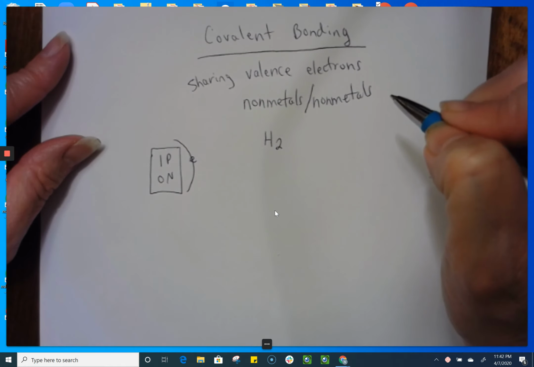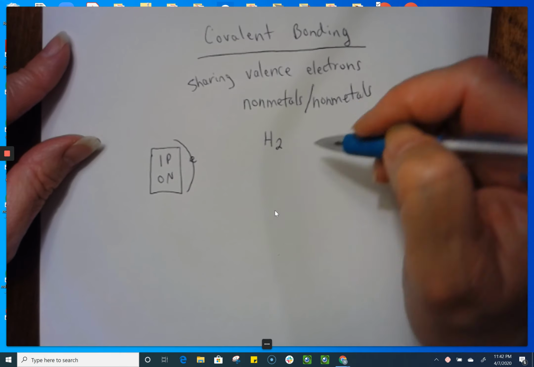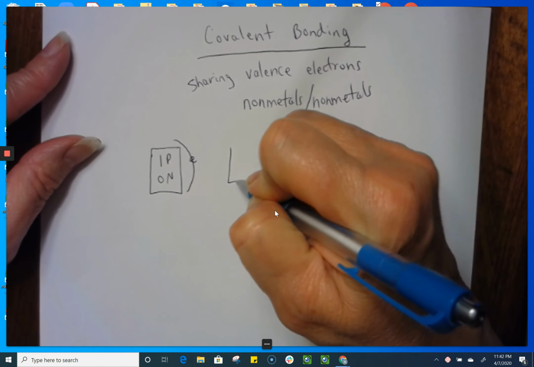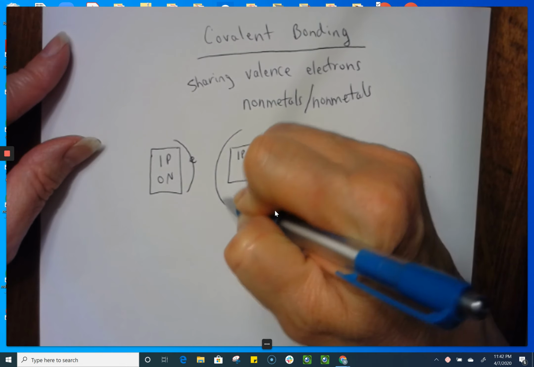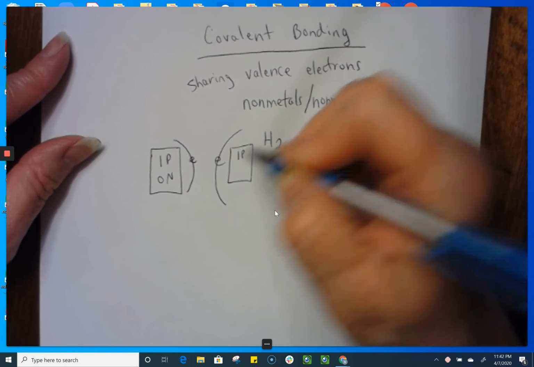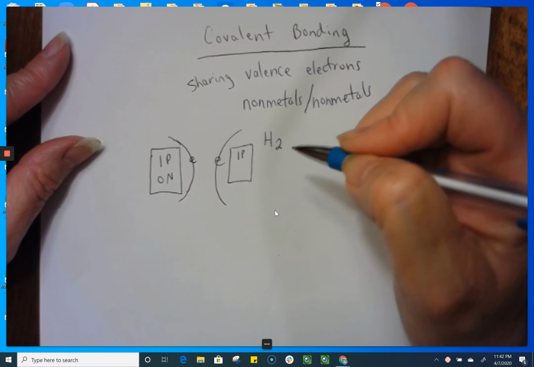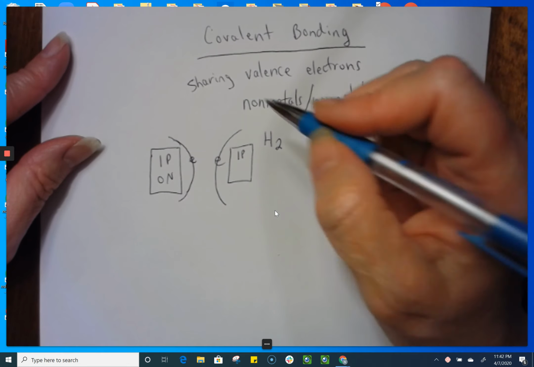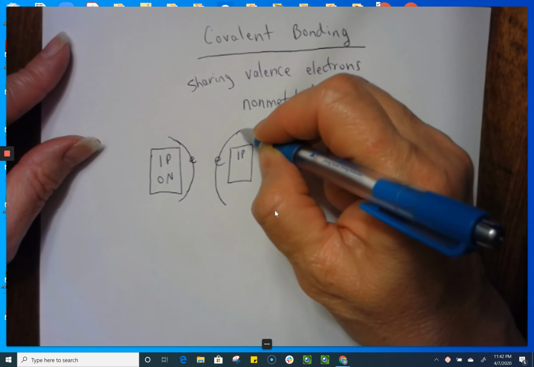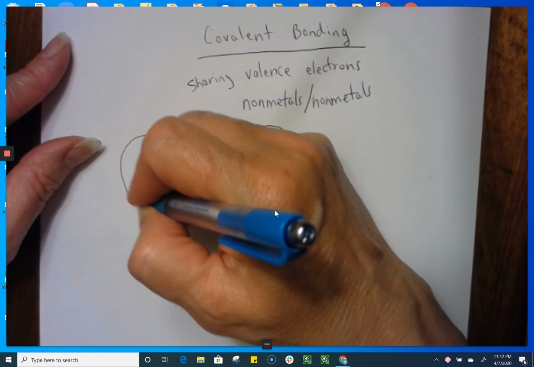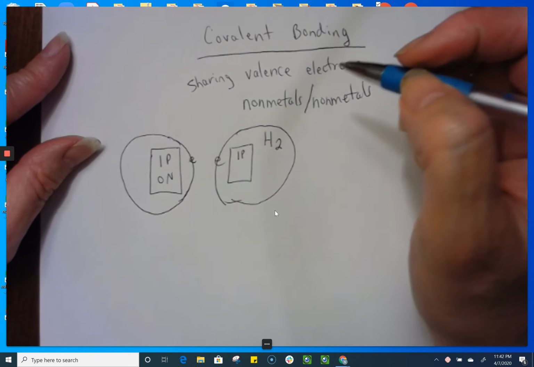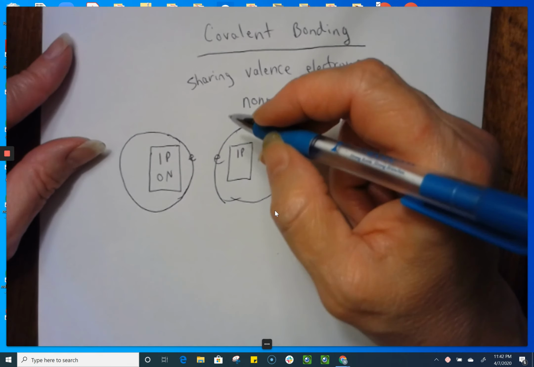When hydrogen atoms are around other hydrogen atoms, they each have 1 electron, but for them to be stable, they really need 2 electrons in this outer shell. If you have 2, they're both stable.